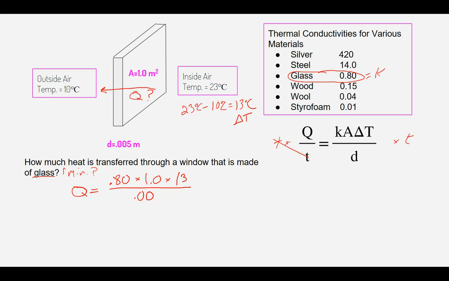I'm not putting all the units down here so it's easier to see, but the unit it's going to end up being is joules, which is the unit for heat energy.